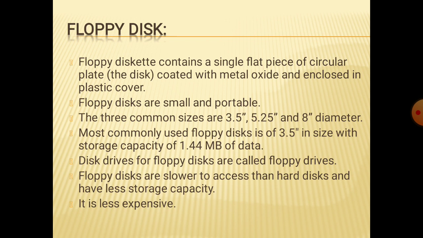And the speed of accessing data stored in a floppy disk is very slow compared with a hard disk. It is less expensive, as the capacity is less and the speed is also less. Similarly, the price of a floppy disk is less compared with a hard disk.